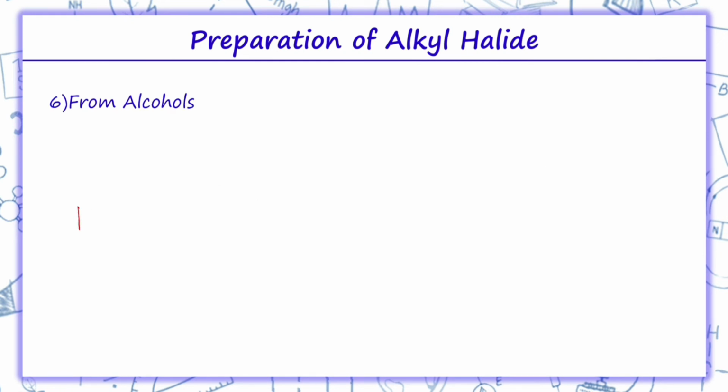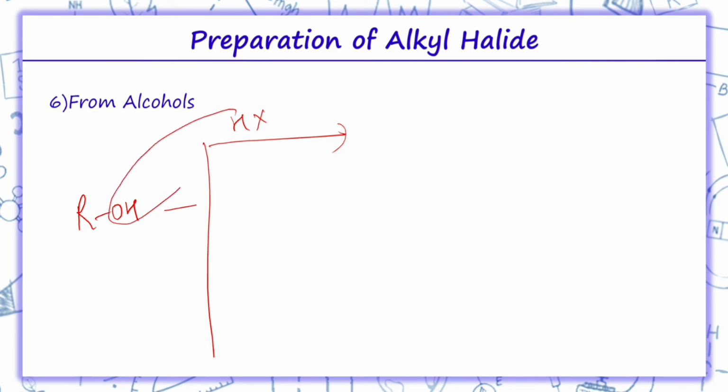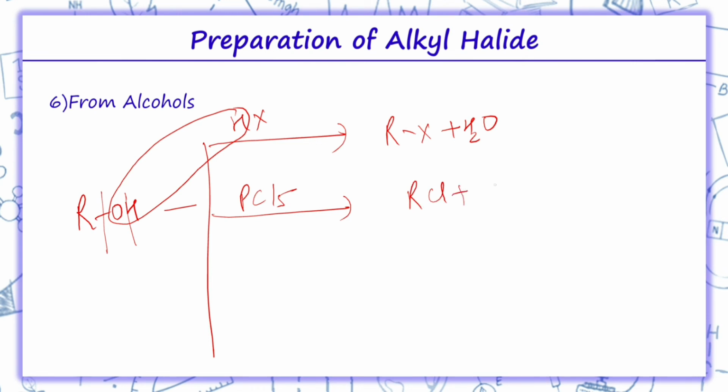Next is from alcohols. Now, we have alcohol, we are taking HX over here. If we are taking HX, H2O will be eliminated and we will get RX plus H2O. Similarly, if we are taking PCl5, this bond and this bond will be broken, we will get RCl plus HCl plus POCl3.